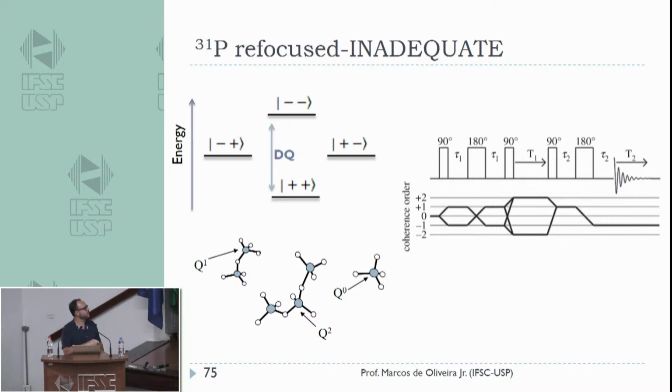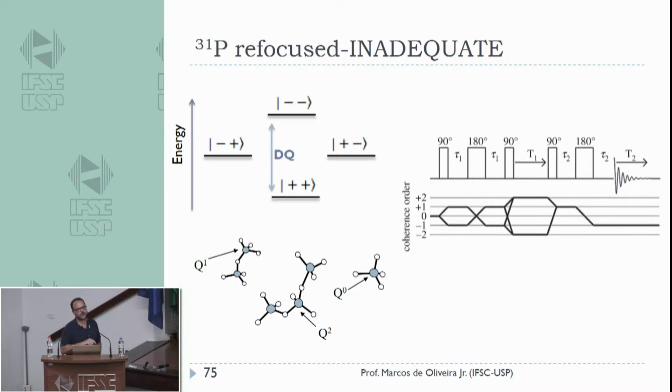This first one is the first phosphorus, this one is the second, so we have all these energy levels here. And by appropriate pulse sequences, the pulse sequence shown here, we can excite this double quantum transition here. Although we cannot detect it, we can excite. We can let our system evolve under the influence of this double quantum coherence, and then convert it back to the coherences we can detect and measure our signal.